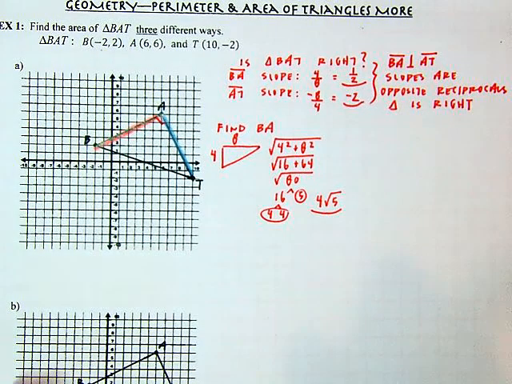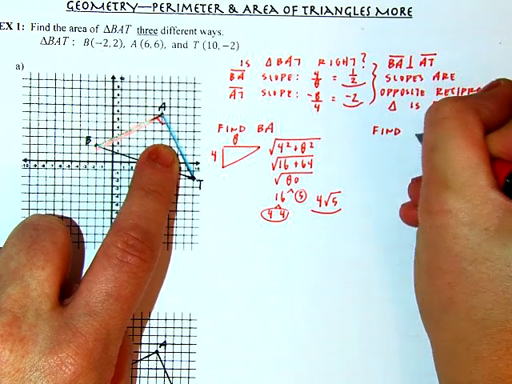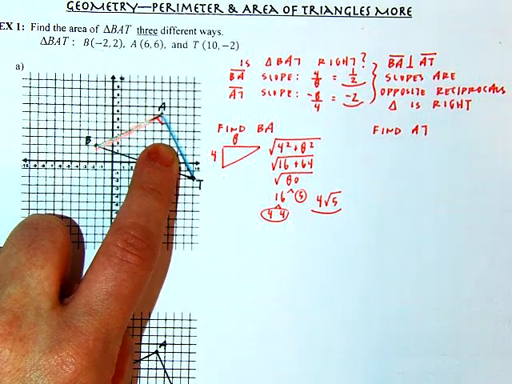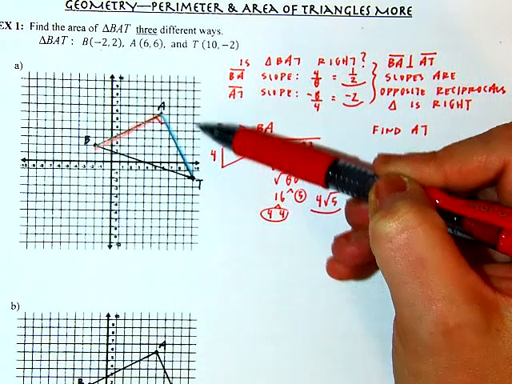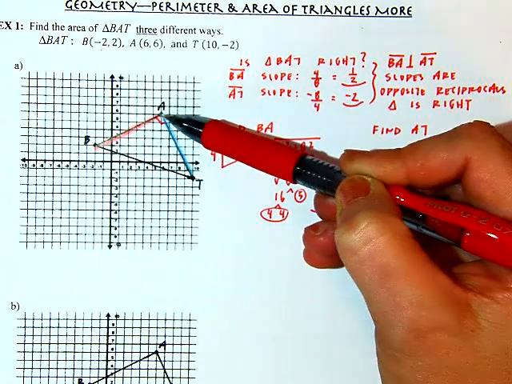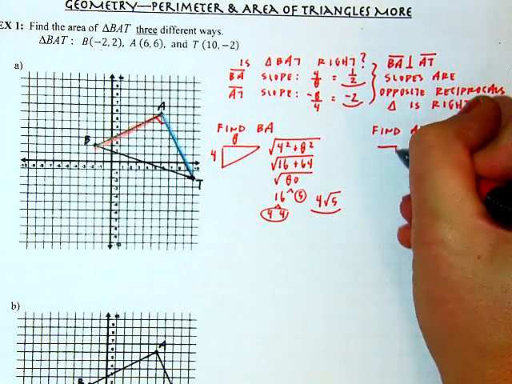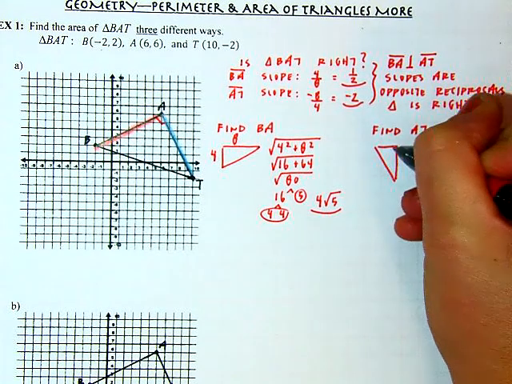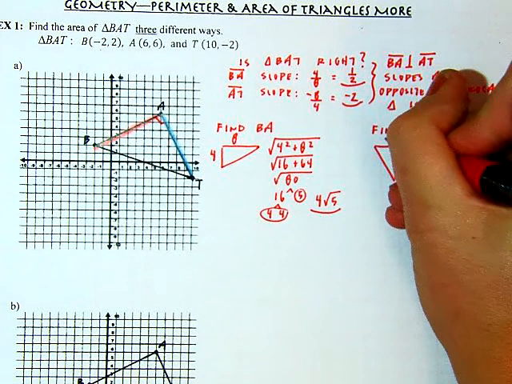Okay, I also need AT. So I'm going to write here, find AT. Find its measure. So here again, I'm going to use my right triangle trick to figure out what the length is of the hypotenuse of that right triangle. So here, if I sketch that out, looks like this. And that horizontal span is 4.